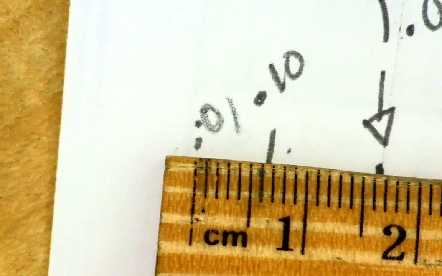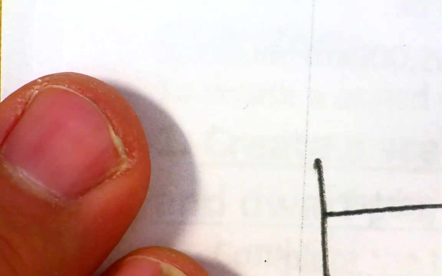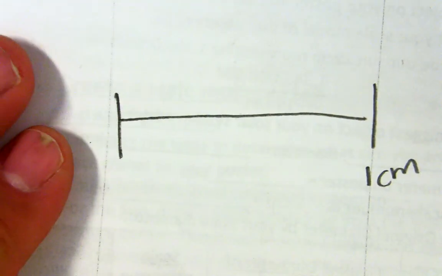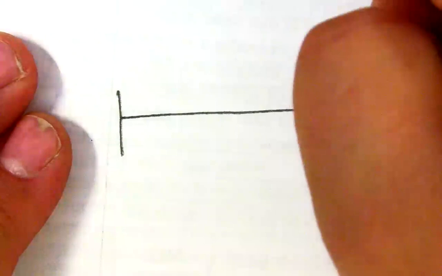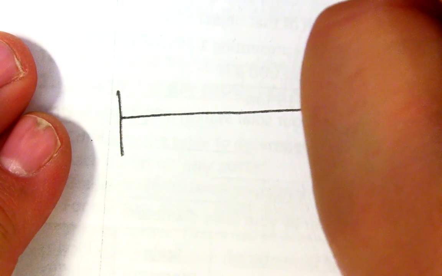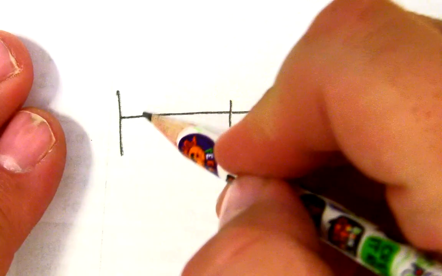Each of these little bitty slashes in here would be like a penny, 0.01. Holy cow, 0.01 would be those little tiny slashes. So again, if I was to draw this bigger, this would be 1 centimeter here. This would be like $1. And I could put 10.